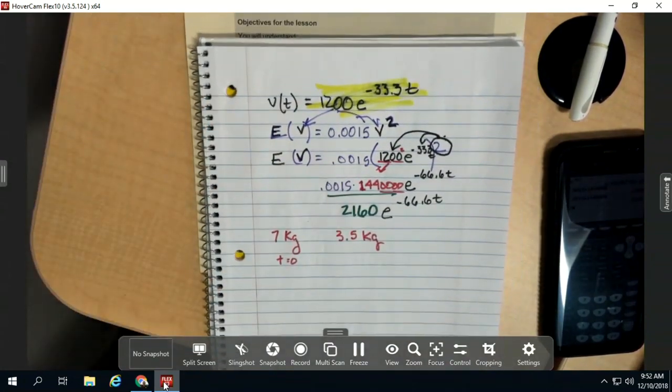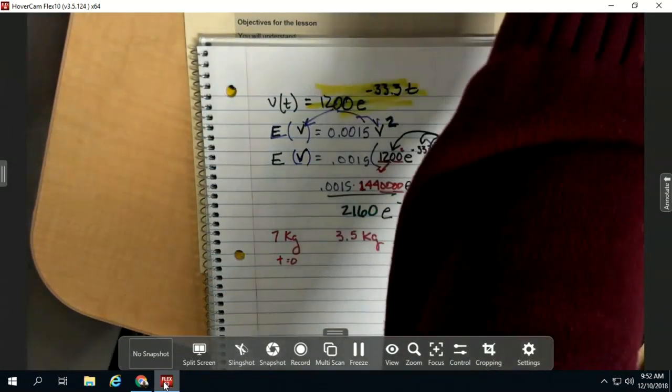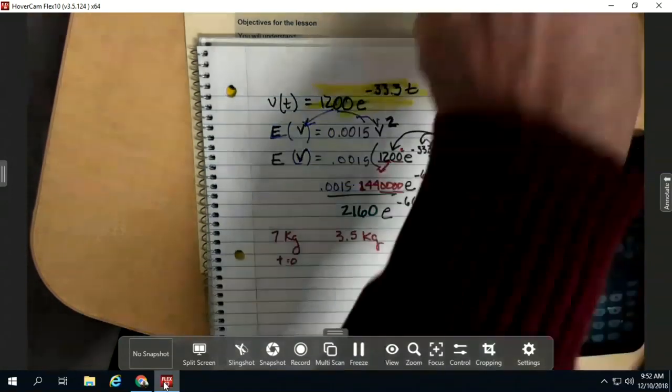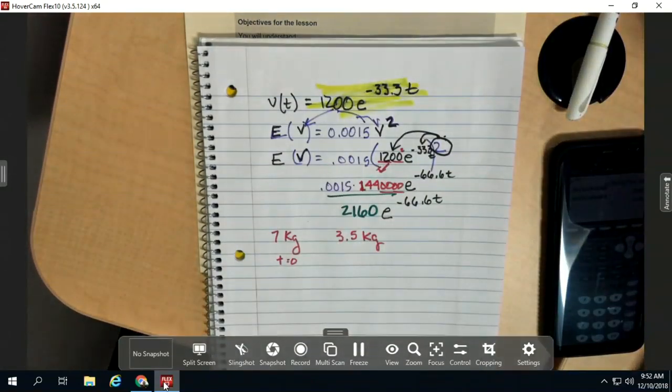Why, if I'm measuring radioactivity, would I pay attention to when it's down to 3.5 kilograms? Because that's half, and usually we talk about half-life.